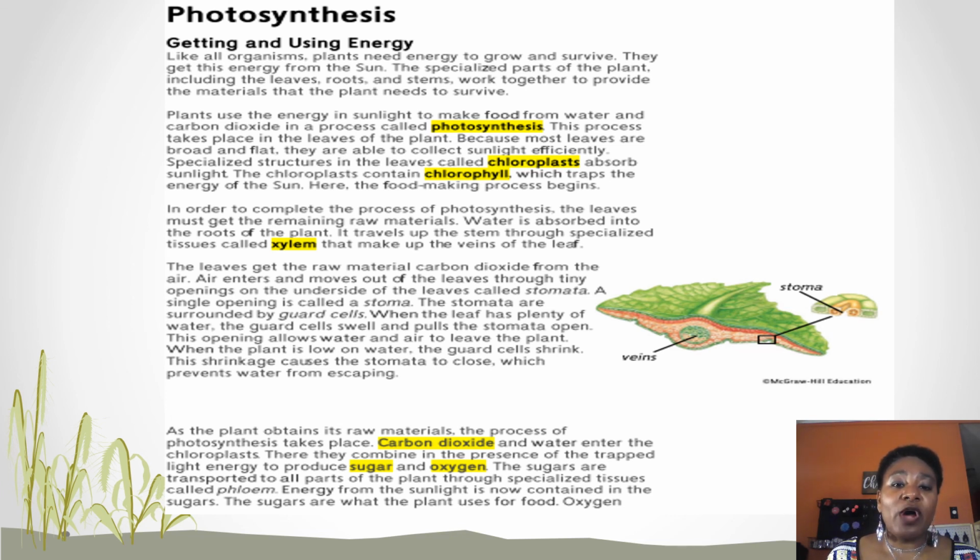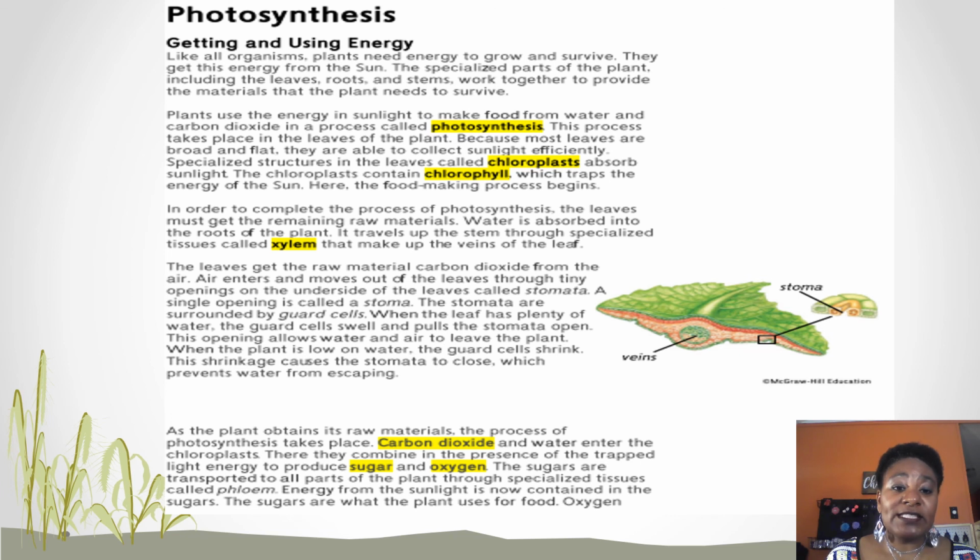The leaves get the raw material carbon dioxide from the air. Air enters and moves out of the leaves through tiny openings in the underside of the leaves called stomata. A single opening is called a stoma. The stomata are surrounded by guard cells.